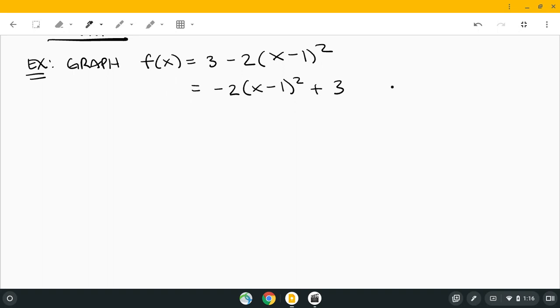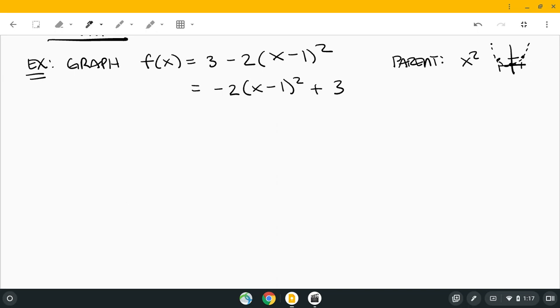All right, so let's take a look at what all of these numbers are doing to the parent function. You should first recognize that the parent function is x squared, which has the graph 0, 0, 1, 1, -1, 1.